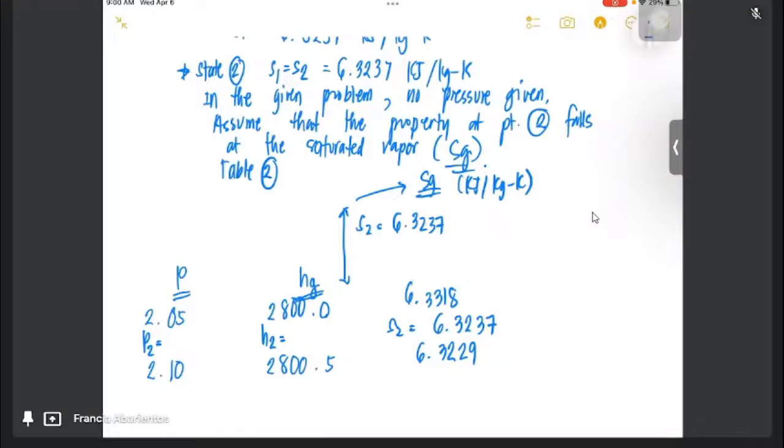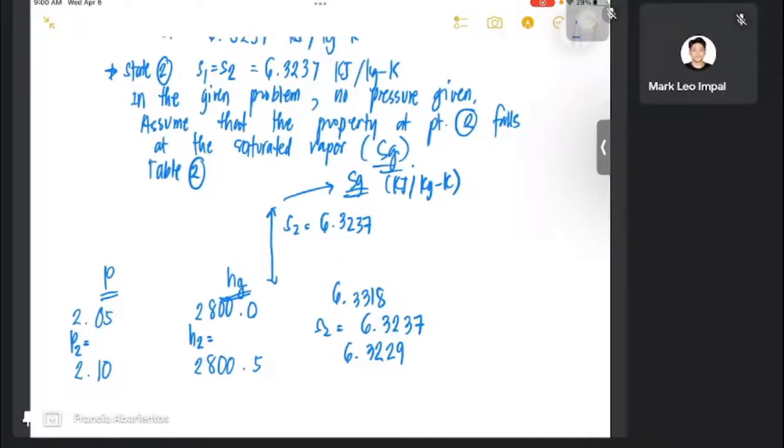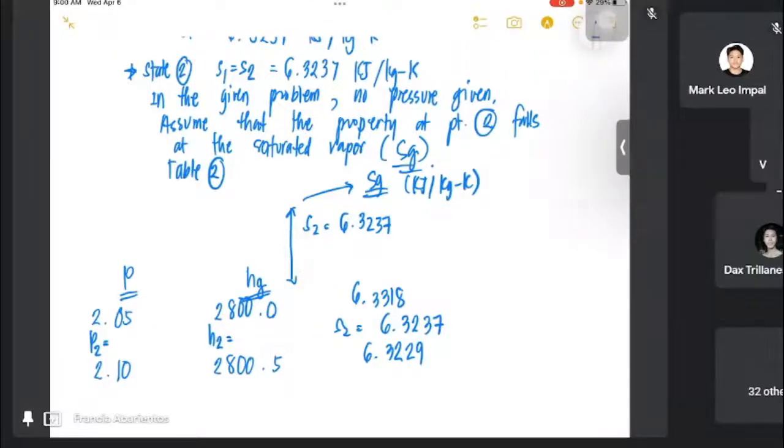Yung H natin, yung H muna. What is your H2? Are you solving? Yung H2 natin, class.